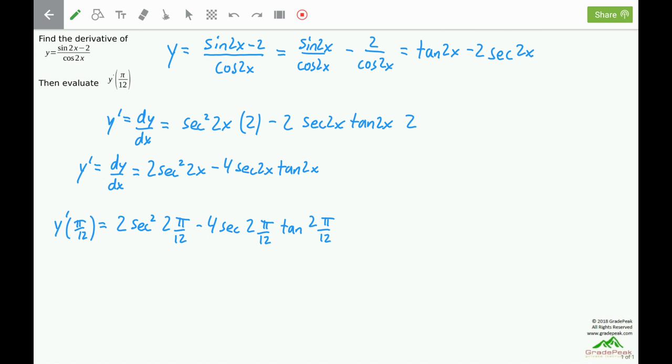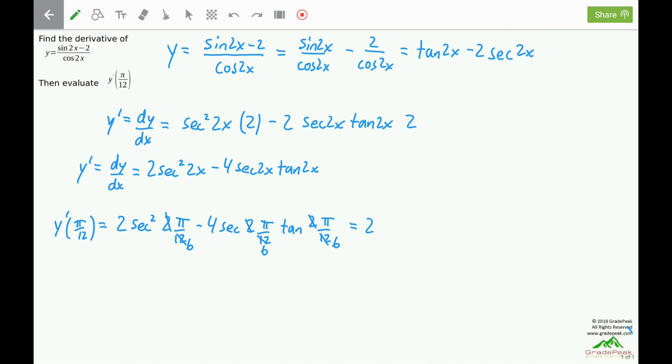Plugging a pi over 12 in for each of the x's. Now each of those 2 times pi over 12 can cancel down, because the 2 and the 12 can cancel to give us a 6, and that will happen within each of these trig functions. So it's really going to be pi over 6 we're evaluating these at.